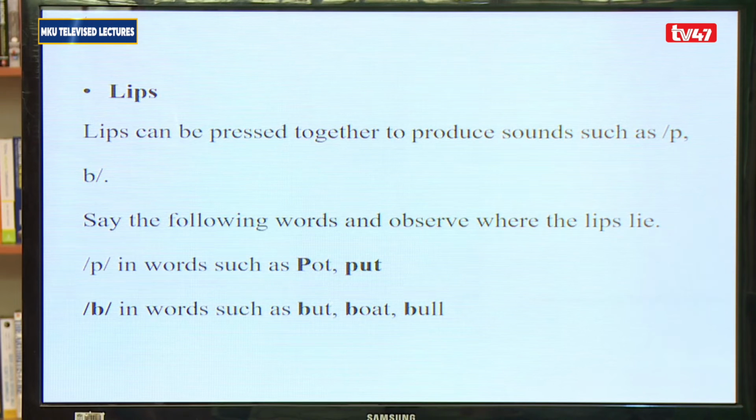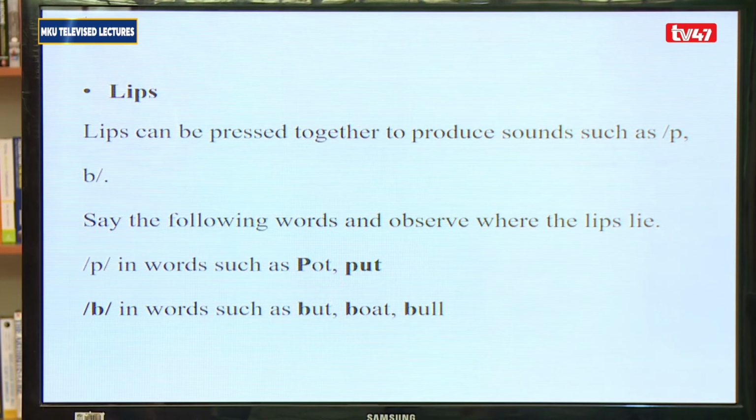For example, when we look at the sounds b, p, look at the following words. For p, we have pot, put. The initial sound of each of the words, when articulated, the lips come together.